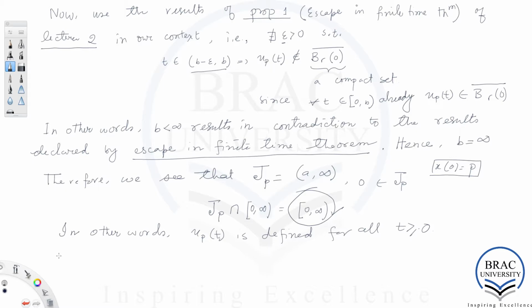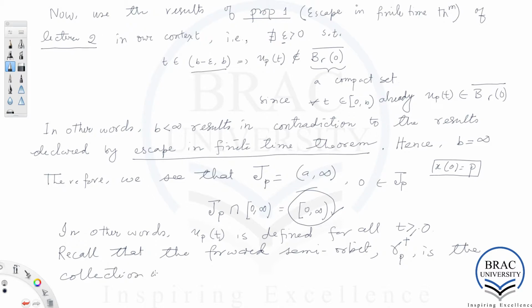Now recall that the forward semi-orbit gamma_p^+ is the collection of all vectors u_p(t) with t greater than or equal to 0. That follows from the definition of forward semi-orbit.